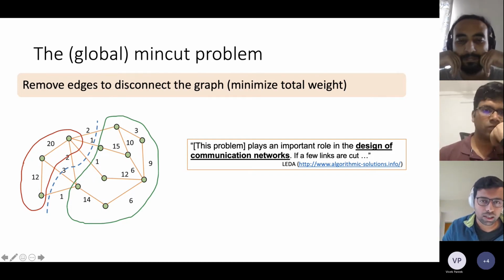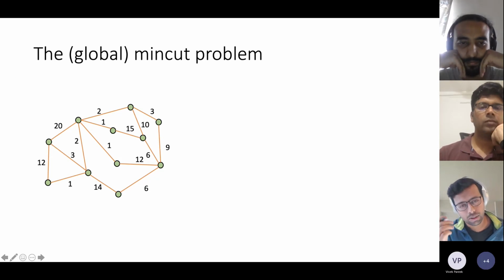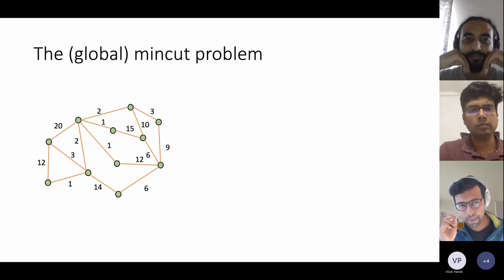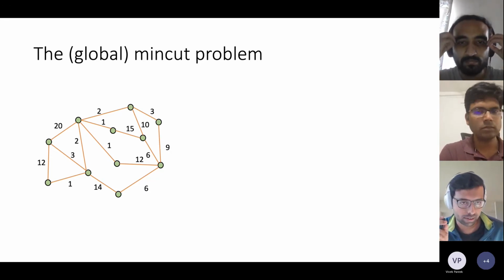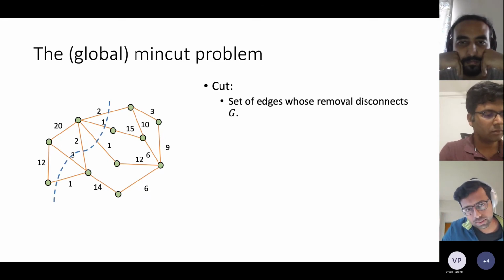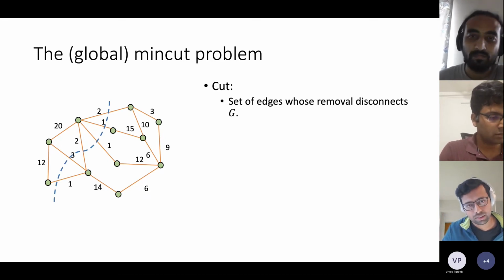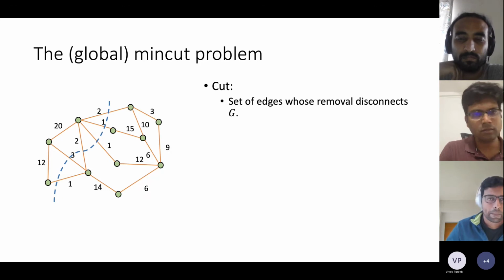More formally, here is a graph with n nodes and m edges, and each edge has certain weights. On this graph, a cut is defined to be a set of edges which, when you remove them, the graph becomes disconnected.